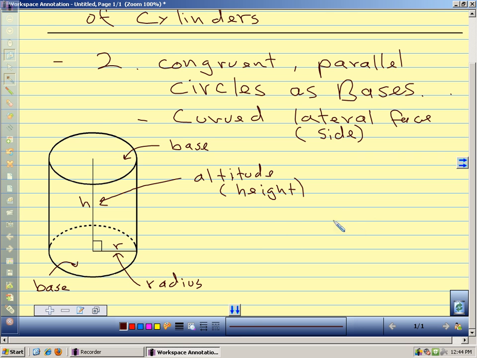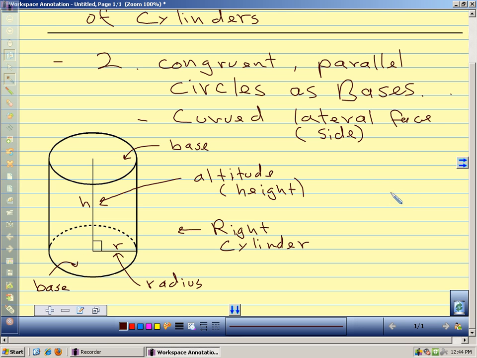Now we can have this cylinder because the altitude makes a 90-degree angle with the base. This would be a right cylinder. And it's this 90-degree angle that makes it a right cylinder.